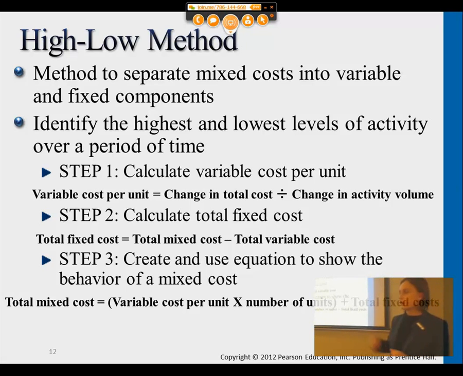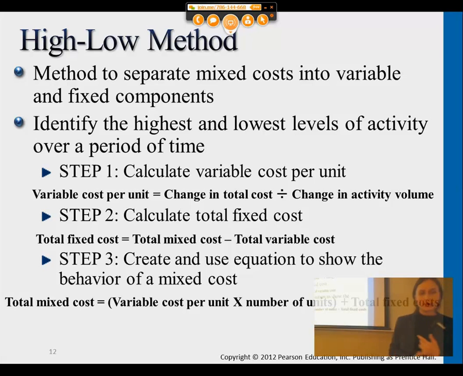So what is it? We're going to identify which is our highest activity and which one is the lowest level of activity. Then we'll calculate the variable cost per unit. Then we'll calculate our total fixed cost, right? Variable, then fixed. And then we'll use the equation to show which one is a component of a mixed cost.